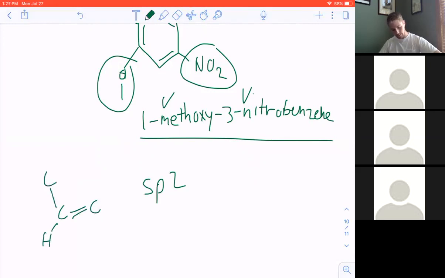What that means is it has that extra pi orbital going on. And this pi orbital is what allows the electrons to be shared with each other in that delocalized cloud. The sp2 orbitals are hybridized, but they're not able to share electrons like this.